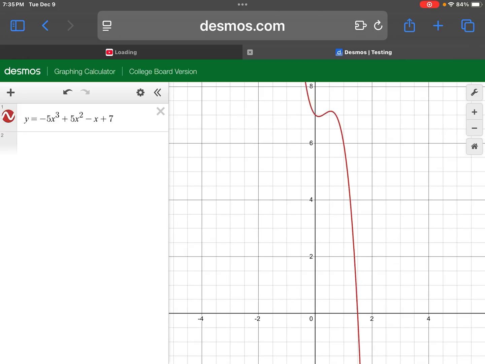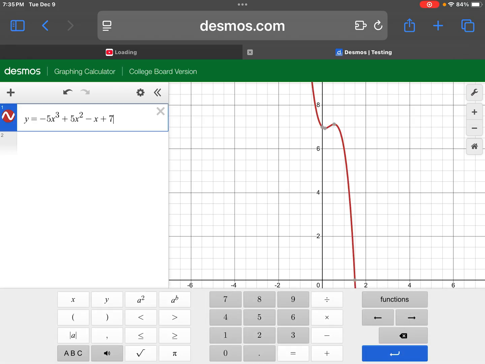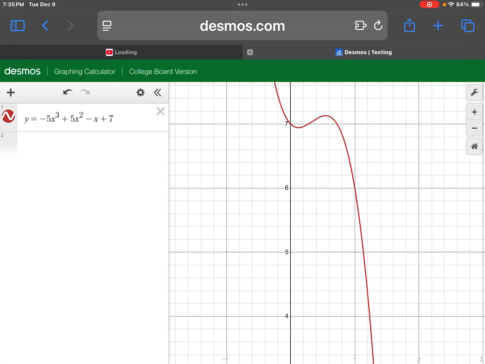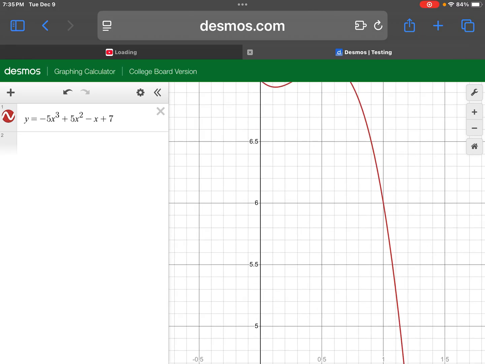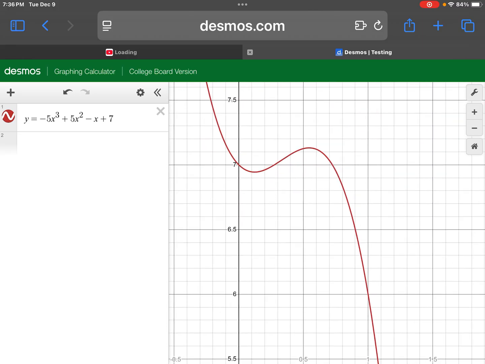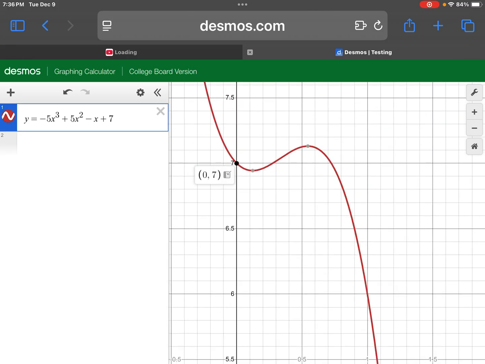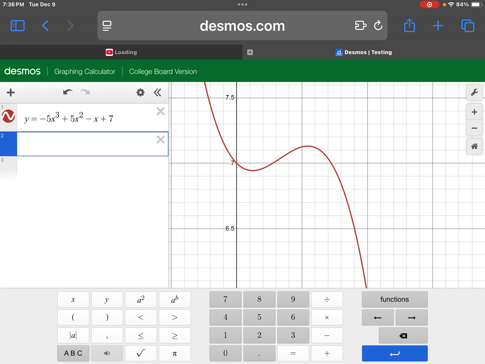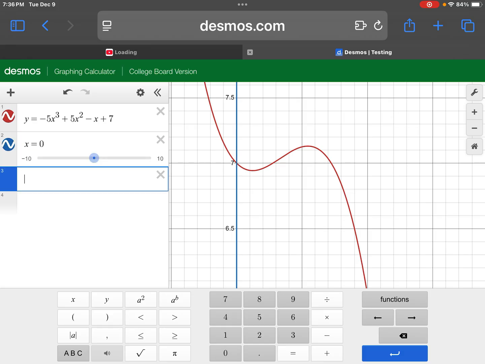Here's my graph, and we're told to only look at it from 0 to 1. So there's 0, here's where it's about 1. You know what, let me just do it this way, okay? x equals 0, x equals 1.